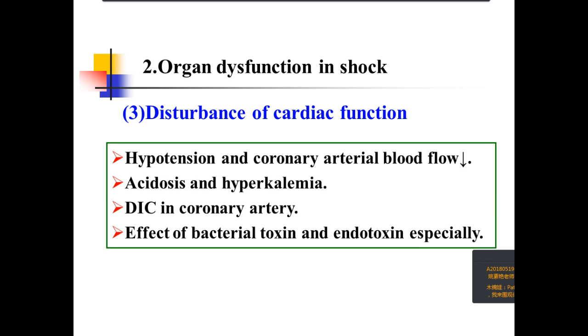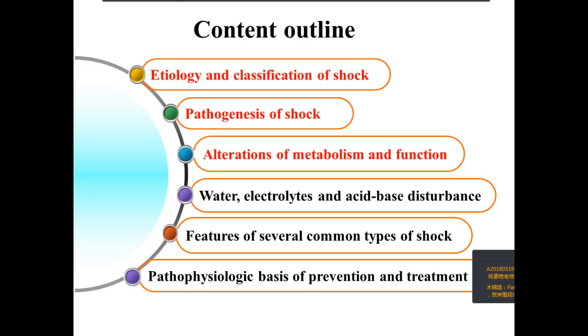Now during the stagnant and the refractory stage, acidosis and hyperkalemia happen. Hyperkalemia and acidosis also lead to cardiac contractility decrease, so lead to heart failure. Now, it is alteration of metabolism and function.